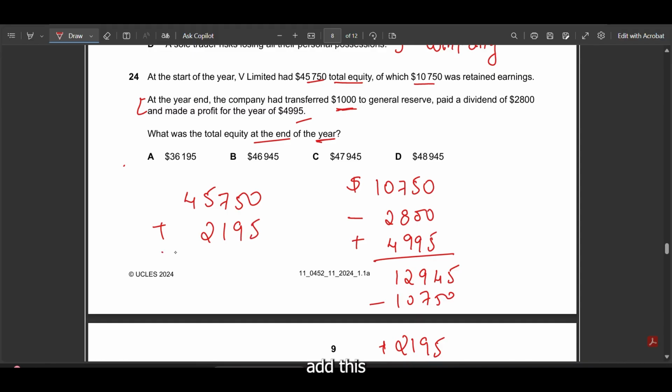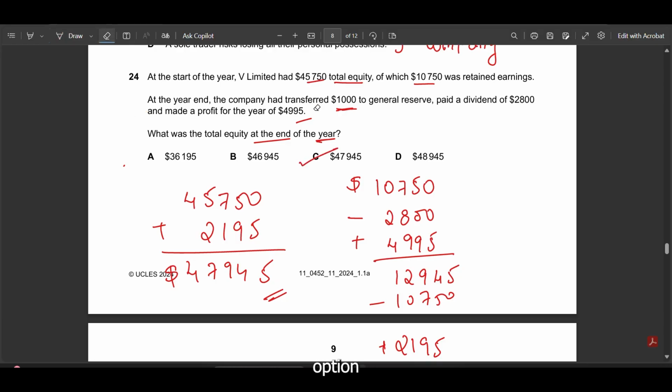If you add this, it will come to 47,945. So the total equity at the end of the year would be 47,945, and that's the reason C would be my correct option. I hope you all understood the question. The question is about total equity, and that's the reason I'm adding the difference to the total equity which was given in the question.